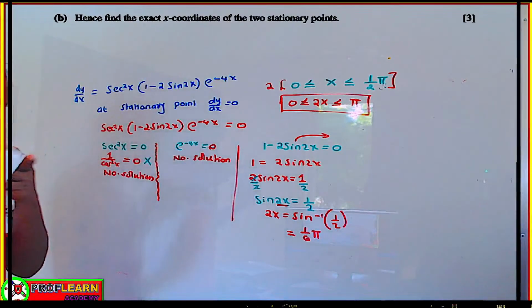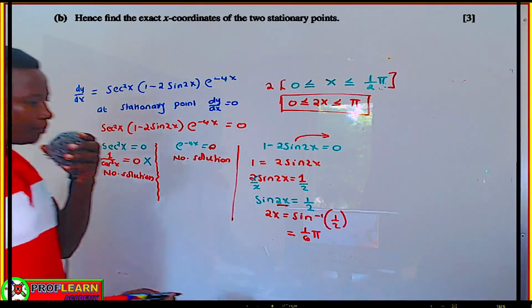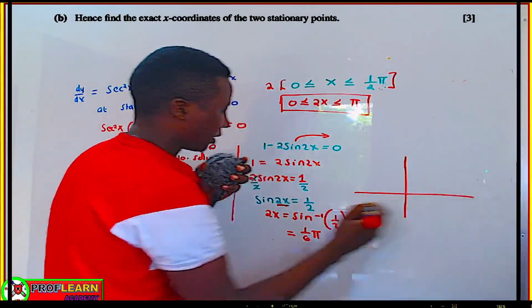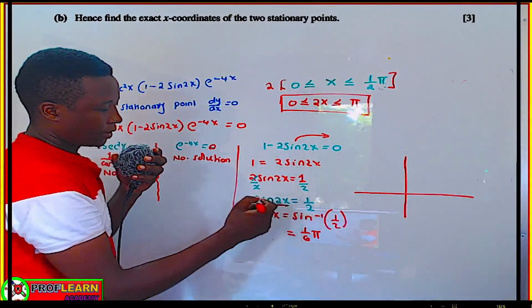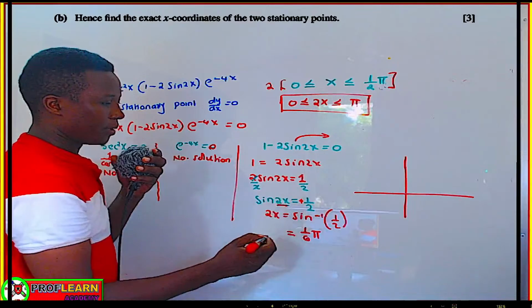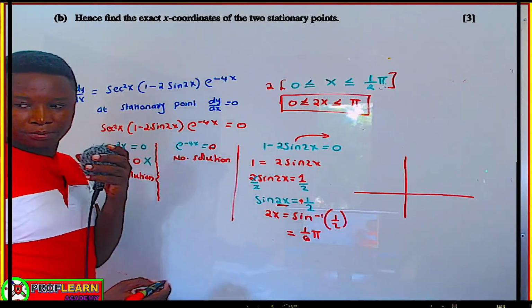So at this point, sine 2x is equal to a half, meaning we are finding where sine is positive.